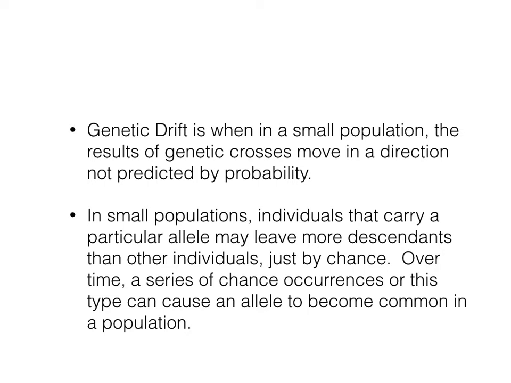So genetic drift deals mainly with small populations. There are many things that can affect small populations that really aren't going to affect large populations. Because the number of alleles in a small population is less than in a big population, less fit traits can persist in a small population.